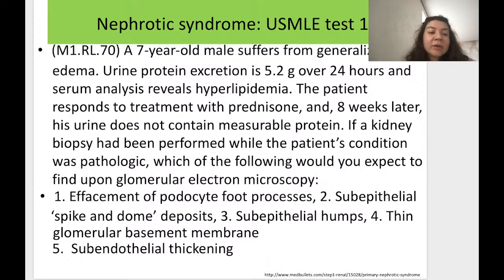If a kidney biopsy had been performed while the patient's condition was pathologic, which of the following would you expect to find upon glomerular electron microscopy? Options. First, effacement of podocyte foot processes. Second, subepithelial spike and dome deposits. Third, subepithelial humps. Fourth, thin glomerular basement membrane. And fifth, subendothelial thickening.